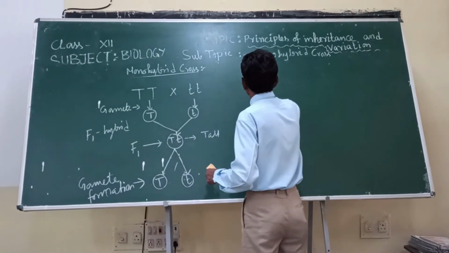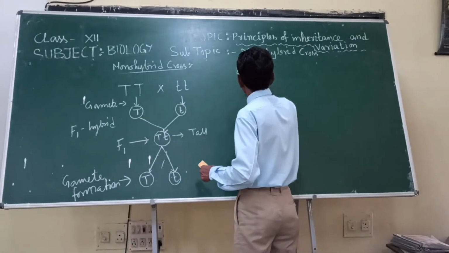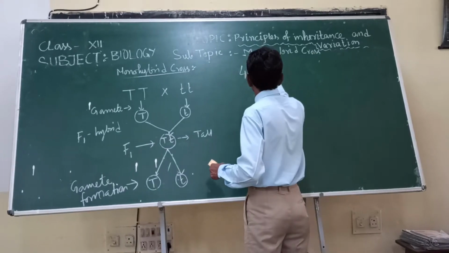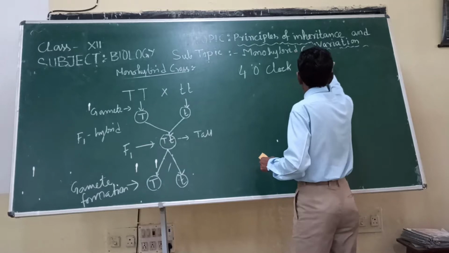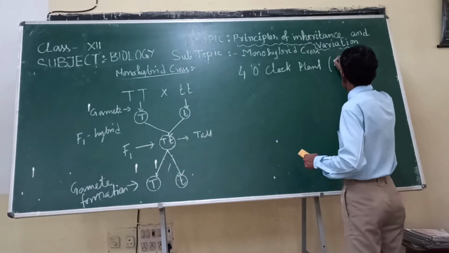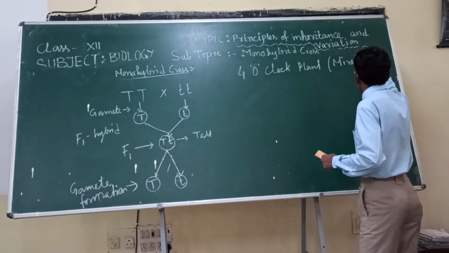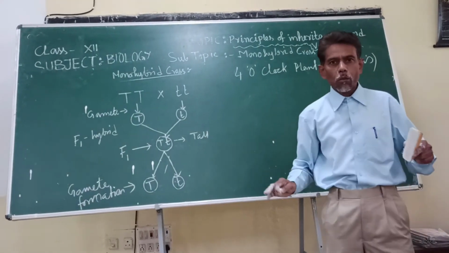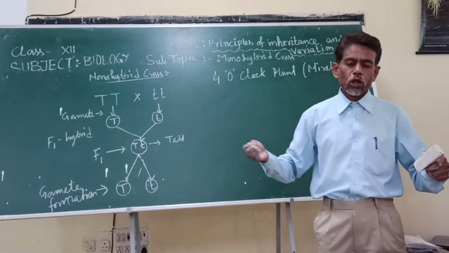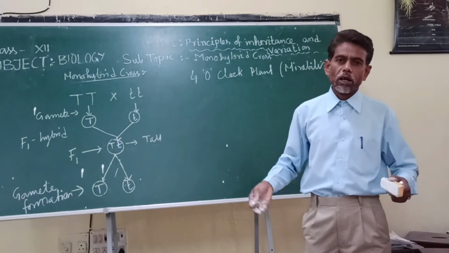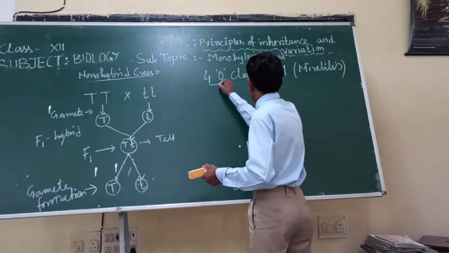Mirabilis jalapa, a very common plant, everywhere you can find it in your garden, school garden, or in your own garden at your house. Very common plant, 4 o'clock Mirabilis jalapa.